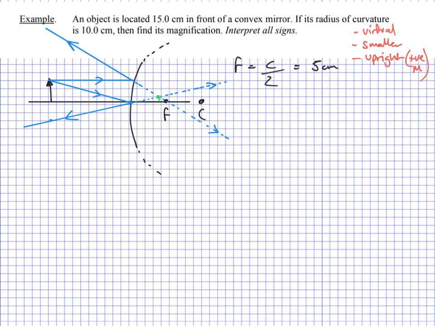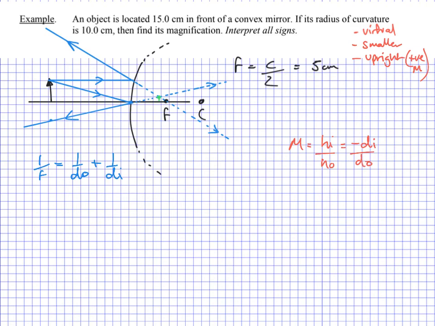Okay, so let's put my equations in that I'm going to be working with. Obviously, I'm dealing with 1 over f is equal to 1 over dO plus 1 over di. And I'm also working with my magnification formula, hi over ho, is equal to negative di over dO.